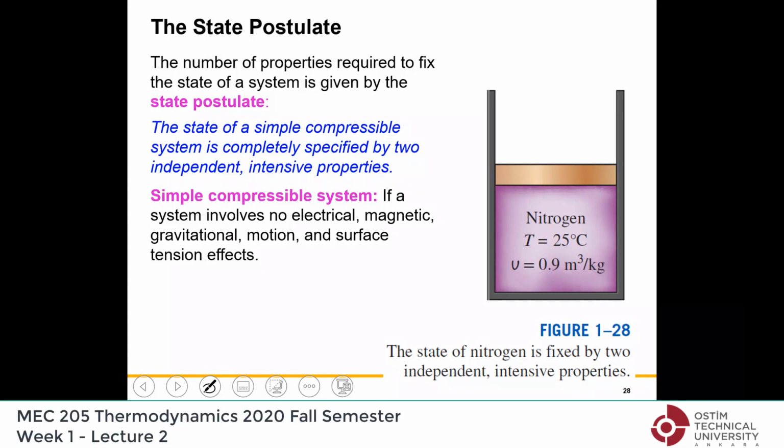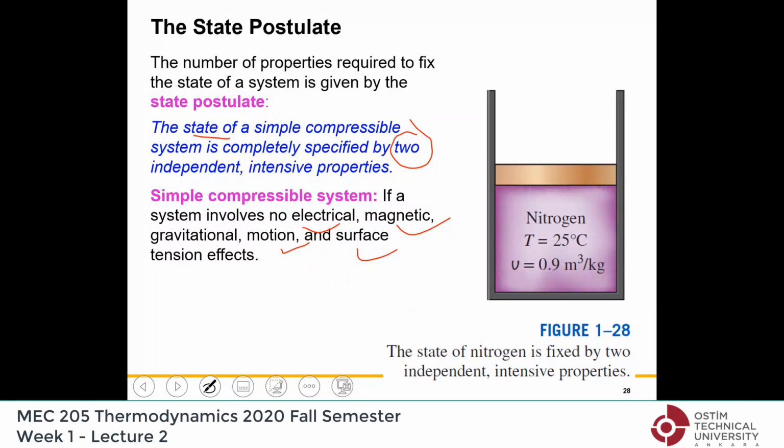It turns out that for a simple compressible system, that is, if the effects of gravity, motion, surface tension, magnetism, whatever, are not relevant and you are not considering those, then the state of the system, called a simple compressible system, is completely specified by two independent intensive properties. This is a very important state postulate, and we use this a lot in thermodynamics.